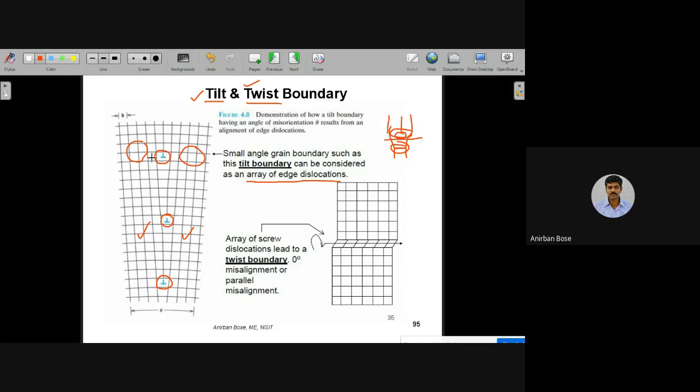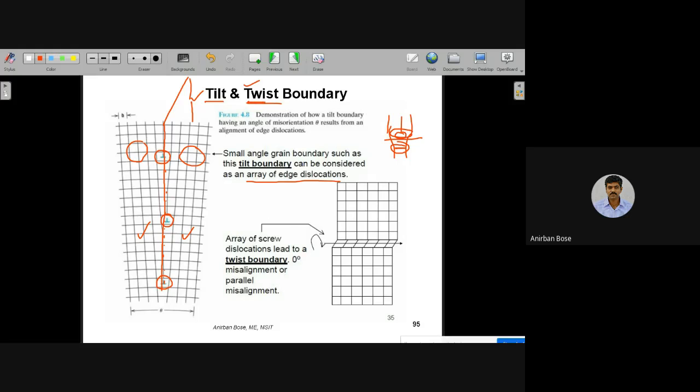This is the region formed, and that is the reason that if an array of such edge dislocations come one after another, then overall, if you look at the material, you will find this kind of a surface. And remember, this is not a curved surface, this is a plane surface, and that plane surface is basically this line and perpendicular to that. So this is the plane surface.